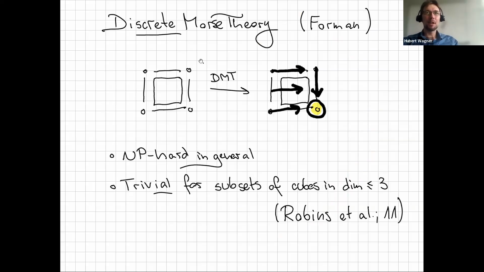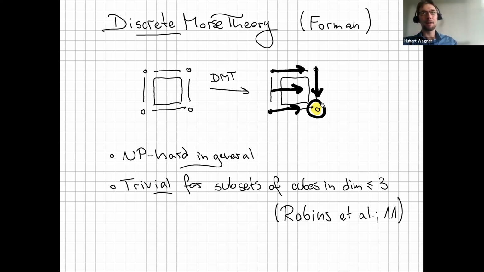So discrete Morse theory itself is due to Forman, and the idea is that you have your cubical complex. So it's not a filtration, just a complex, and you can simplify it. You essentially draw a bunch of arrows according to some rules, matching a face with its coface, or a cell with its coface.